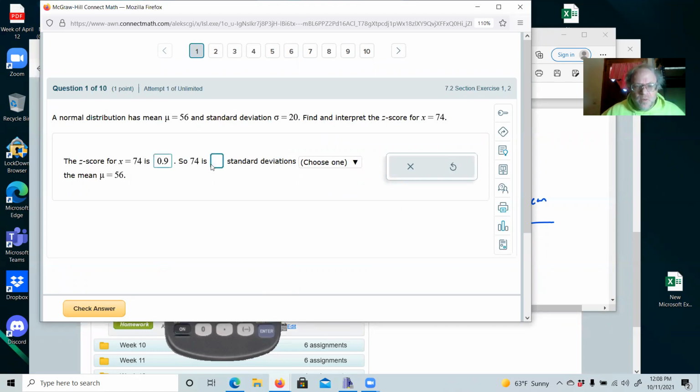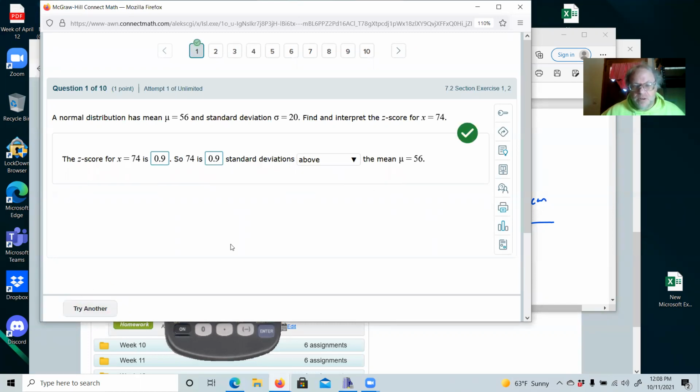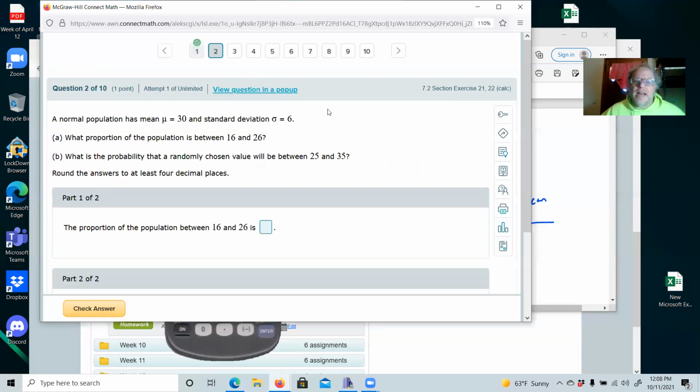So 74 is 0.9 standard deviations above the mean of 56. That's all it's saying. It's a little bit above average, not by much. Z-scores are important. They're a very useful tool to be able to compare 2 different things from 2 different places, or multiple different things from multiple different places.